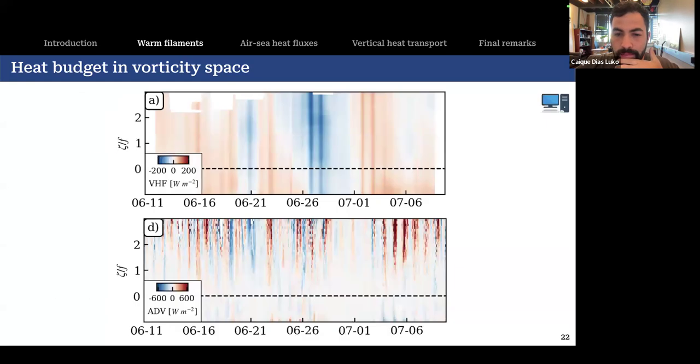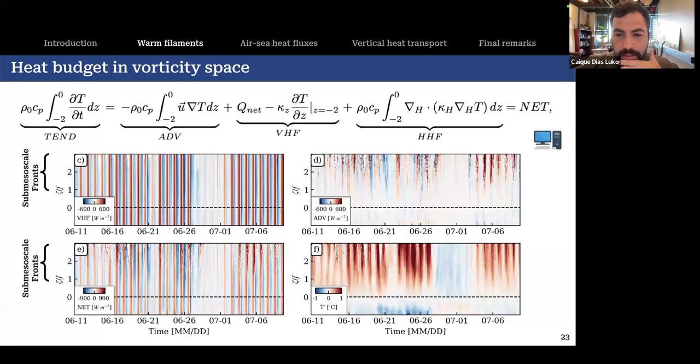So I think that might be part of the story here. If you look, for example, at the VHF here, there's more cooling than warming, and then in the advection, there's not a lot happening in this time. So I think maybe that's the reason. But I haven't looked much into that specifically. But that's a good question.